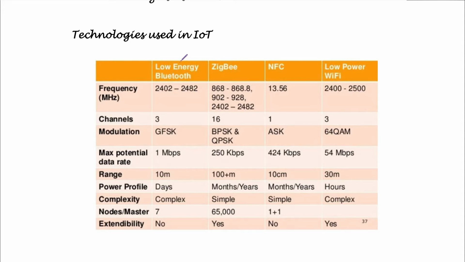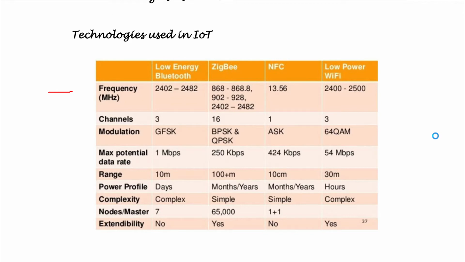So we have here low energy Bluetooth, Zigbee, NFC, as well as low power Wi-Fi. So you can see here the frequency, that is the spectrum of all these protocols and technologies, in megahertz. Low energy Bluetooth is 2400 to 2482.